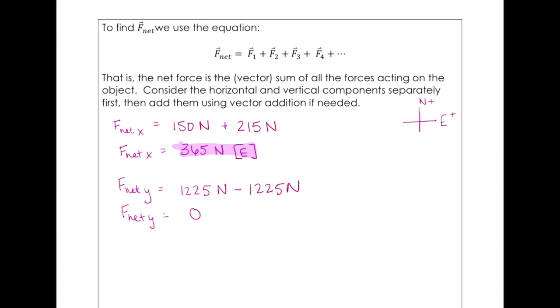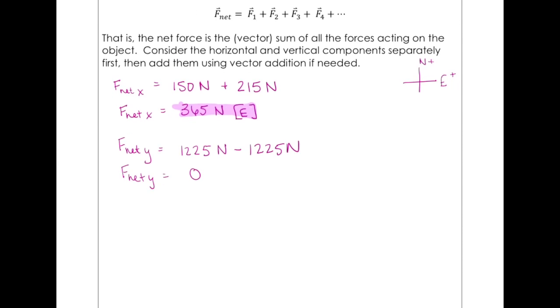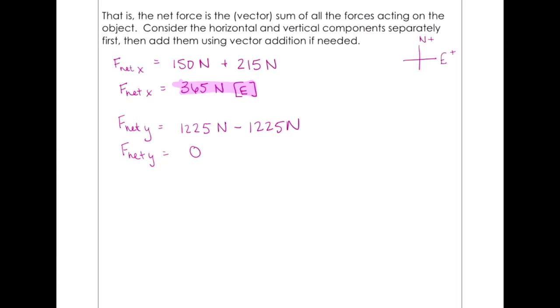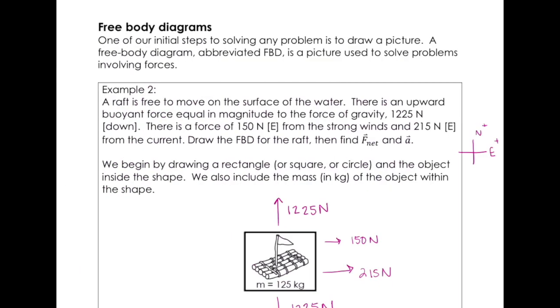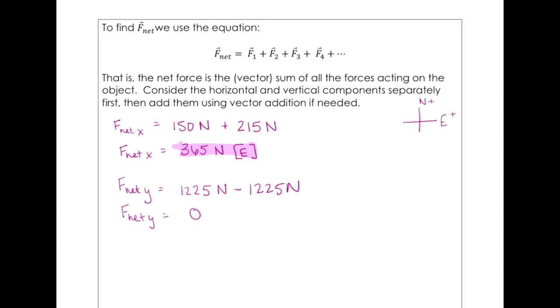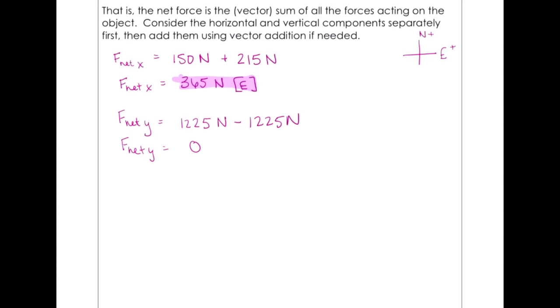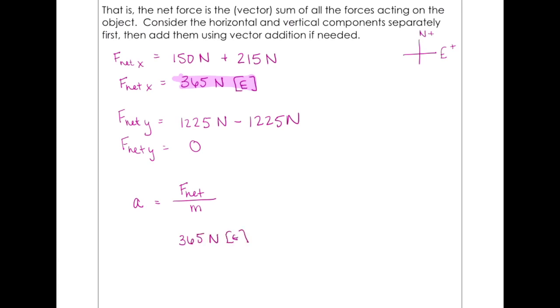Okay, so now the last thing we need to do is find the acceleration of the object, using the mass. If we look back, our mass was 125 kilograms. So using the formula, acceleration equals the net force divided by mass, our net force that we calculated was 365 newtons east, divided by our mass, 125 kilograms.